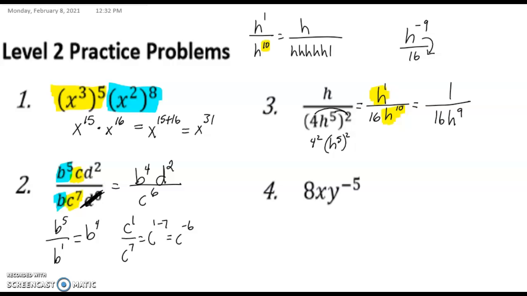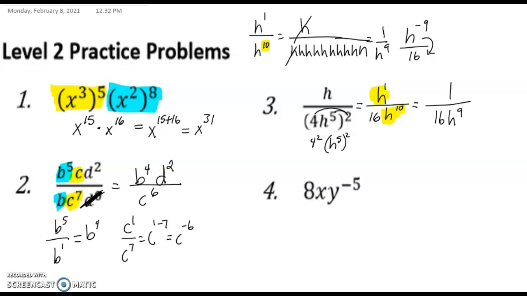H to the 10 is like this. So when one of them cancels out, do you see that all 9 are left on the denominator? And that's why you end up with h to the 9 on the bottom. So sometimes I just look for the bigger power and subtract them, knowing that the remaining of the variable, in this case h, is going to go either on the top or the bottom, depending on where the bigger power was.